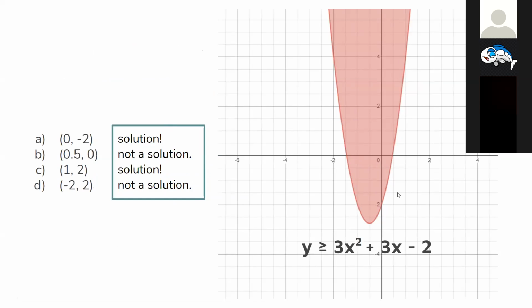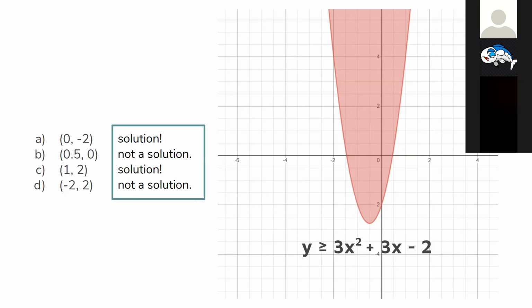And when you're graphing these, another thing to note, this might come later: if it's less than or equal to, remember on the number line, we shaded in the dot. When you're graphing a line, you would graph a solid line, and if it's just greater than, you would do a dotted line.